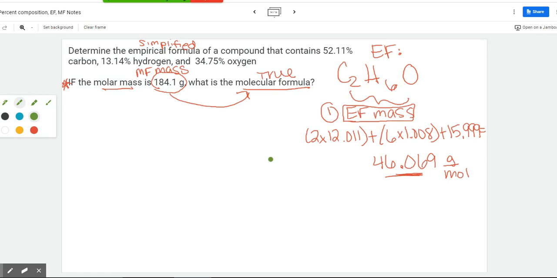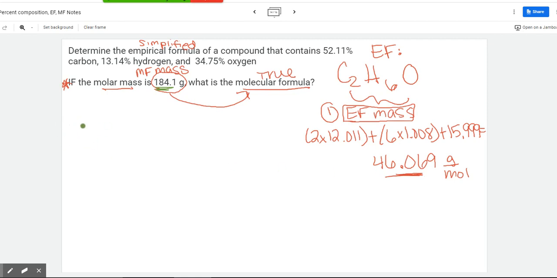Side note, if your molecular formula mass was also 46.069, then yay, they are the same thing. Empirical formula is your molecular formula, all right? For this one, we see that we have a bigger number and a smaller number. So that means that we got to divide it to figure out what is that ratio.